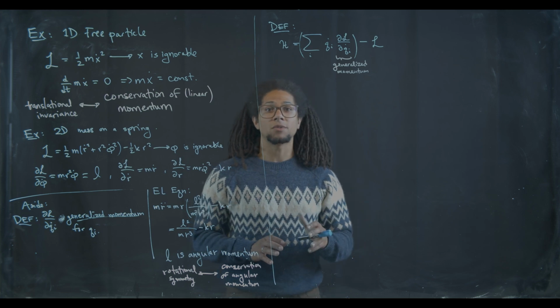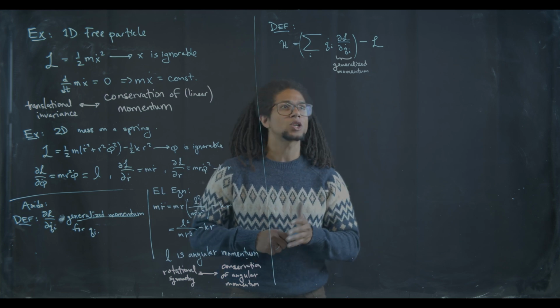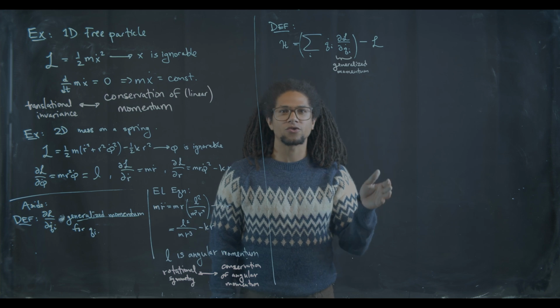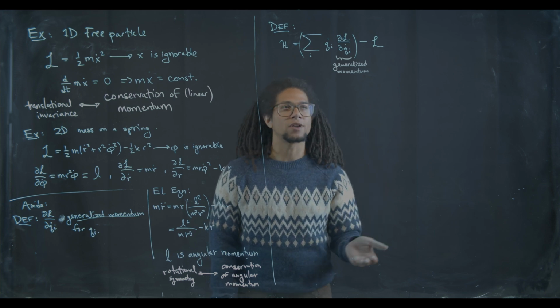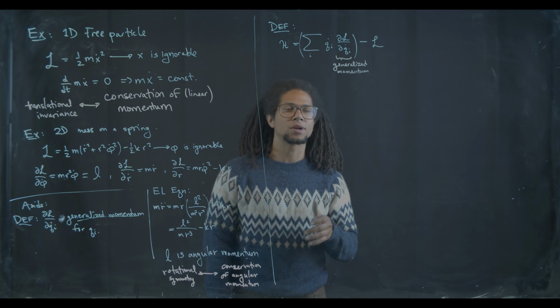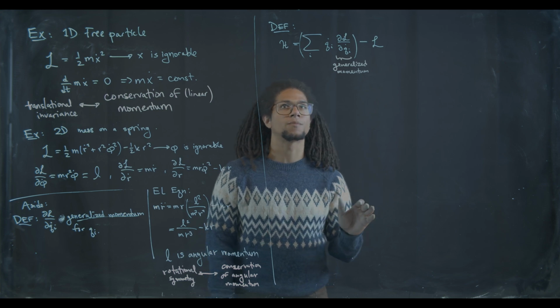This construction may seem a little odd. In fact, this construction is the Legendre transformation, which you may or may not have encountered before. It is very interesting, but I'm not going to discuss it anymore here.